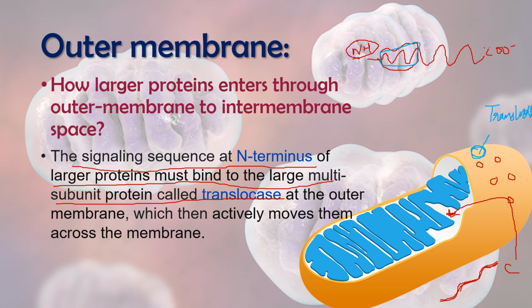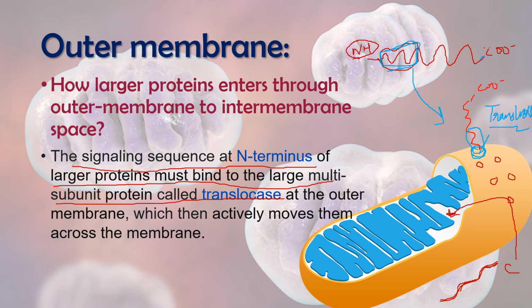So this large polypeptide, having a signal sequence at its N-terminus, now binds to the translocase. Here this is the carboxyl end, and here this is the N-terminus, the signaling sequence bound to the translocase.